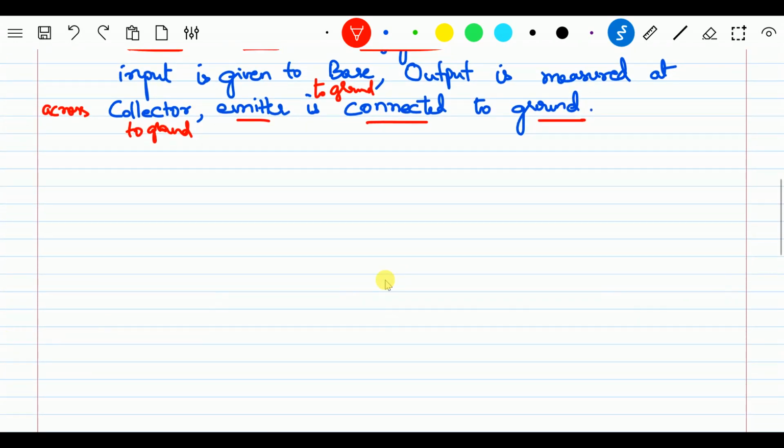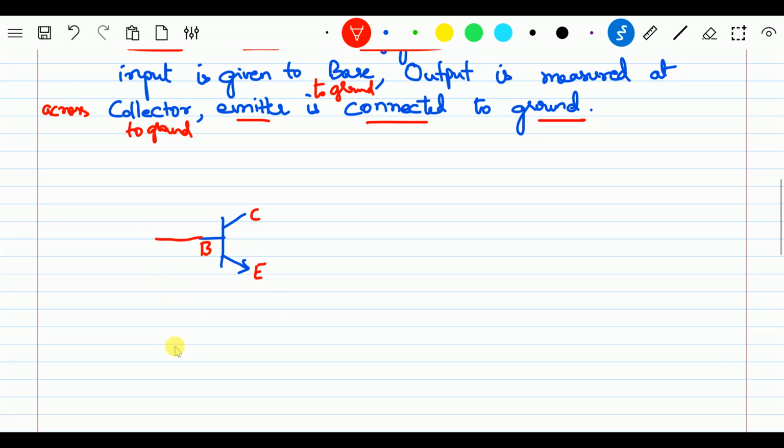We all know the symbolic representation of a transistor, which we saw earlier. Normally, I will be discussing NPN from now on, so keep that in mind. This is the base, this is the collector, and this is the emitter.